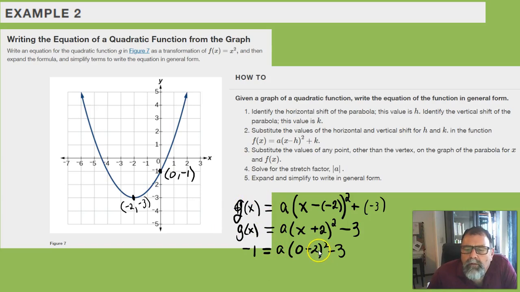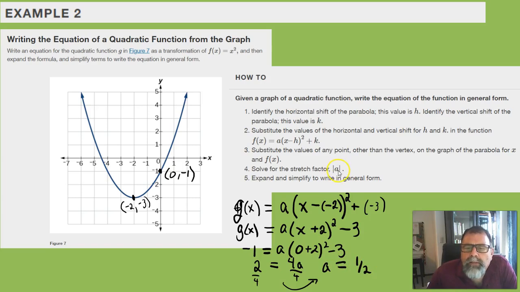All right, so 2 squared is 4, 0 + 2 is 2, 2 squared is 4, so we got 4a, -3, so I'm going to add 3 to both sides. I'm doing a couple steps at once here. So add 3, that'll be 2, and then divide by 4. So a is 2 divided by 4, which is just 1/2.